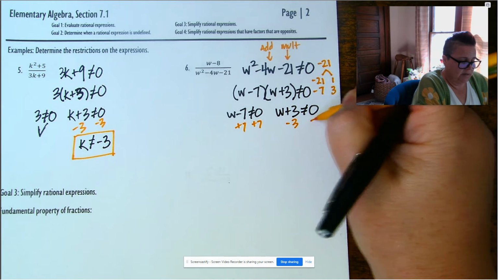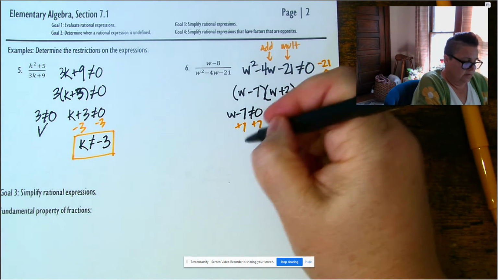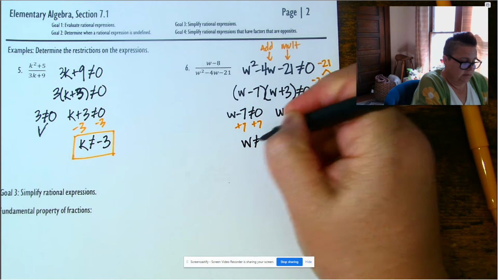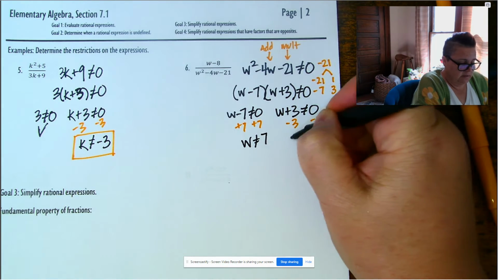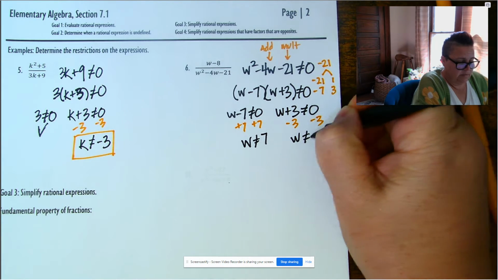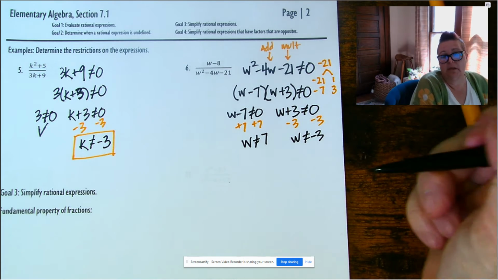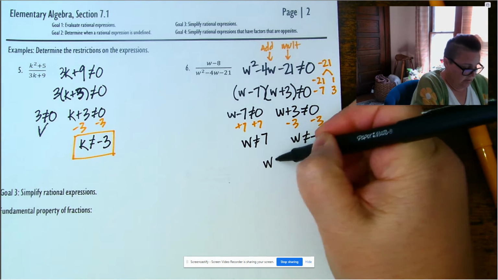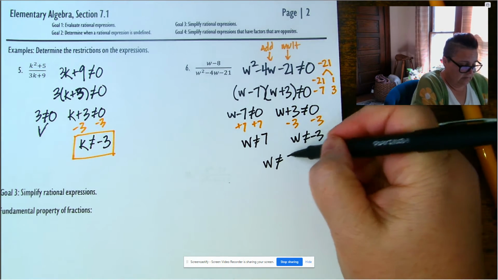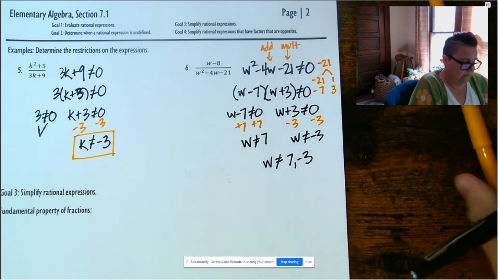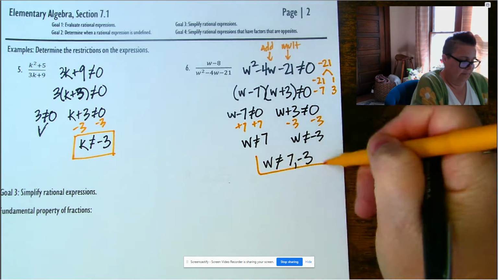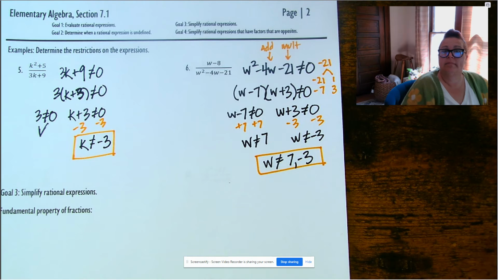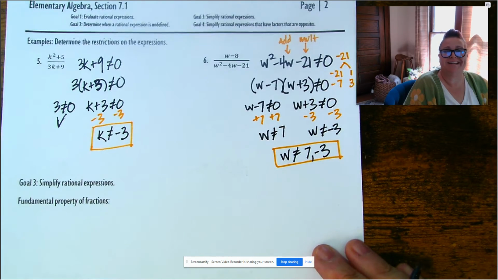I'm going to subtract 3 on both of these. So w cannot be a positive 7 and w cannot be a negative 3. So my restrictions are that w cannot be 7 and a negative 3. There, I've got my restrictions. Okay. Restrictions occur when your denominator is 0.